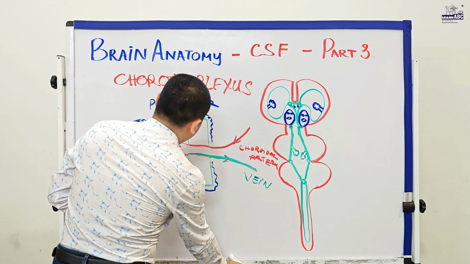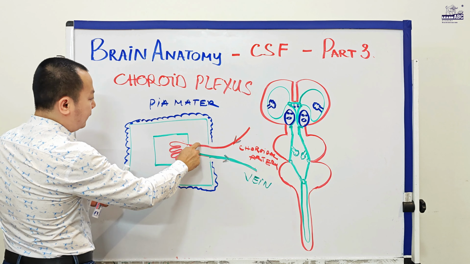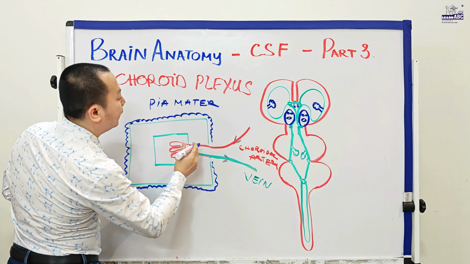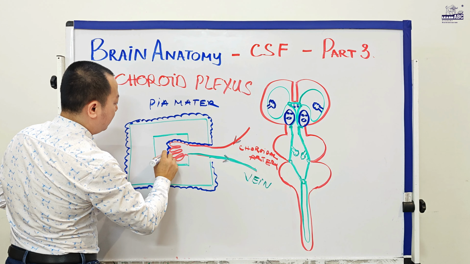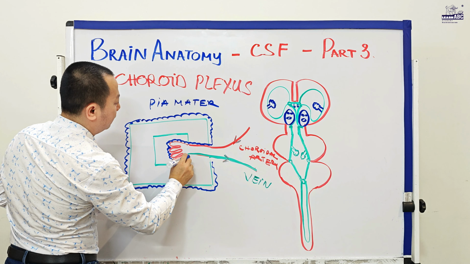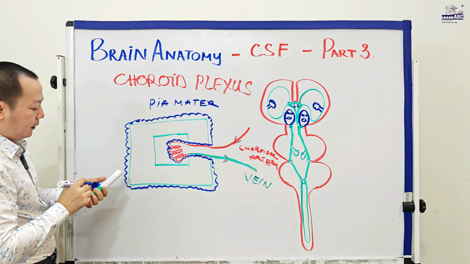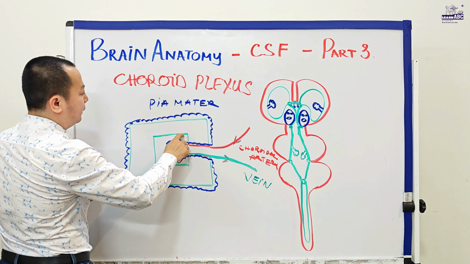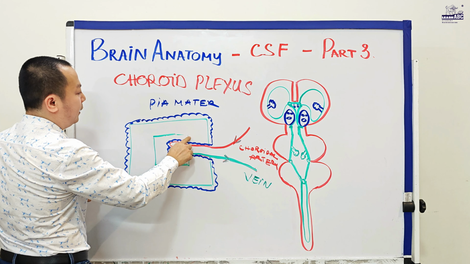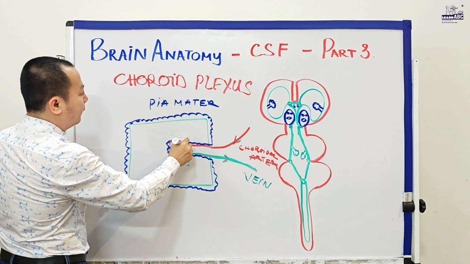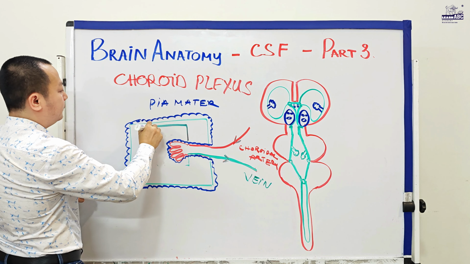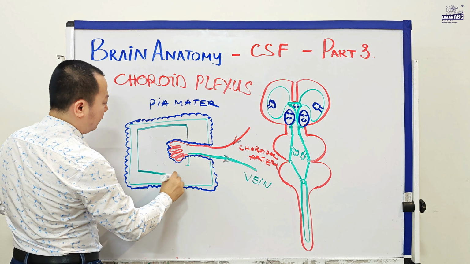And then, of course, this pia mater goes in and lines this vascular system, like this. And then here is the cavity, and let me make it bigger, then you can understand easily. Yeah, big like this.